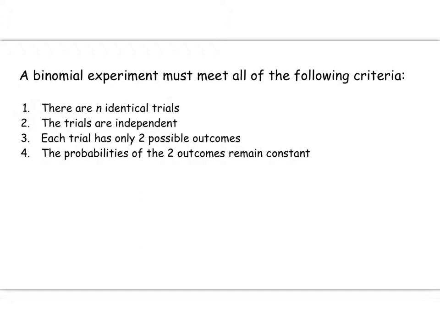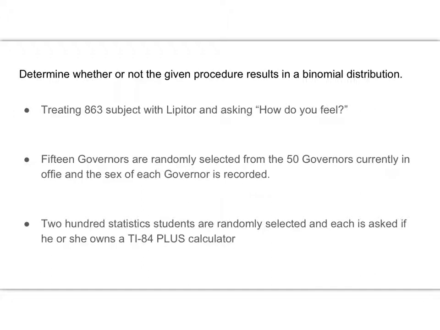Let's look at a few examples and determine if these are binomial distributions. So the first one, if we treat 863 subjects or patients with Lipitor and ask, how do you feel? Is that a binomial distribution? Well, you have to think about that. What are their possible answers? Well, they could say, I feel great, or I don't feel very well, or I feel worse.